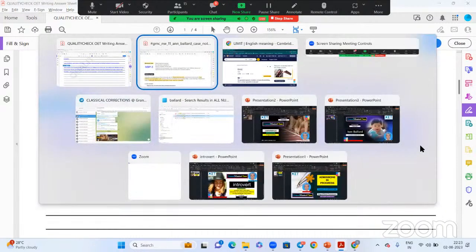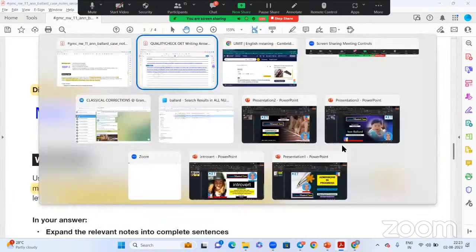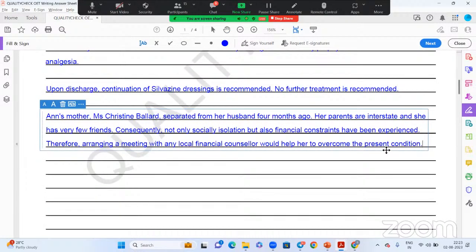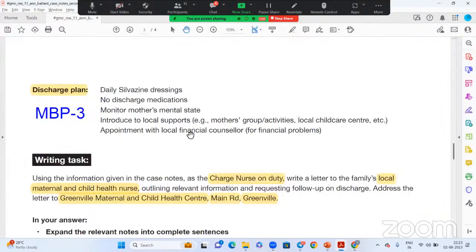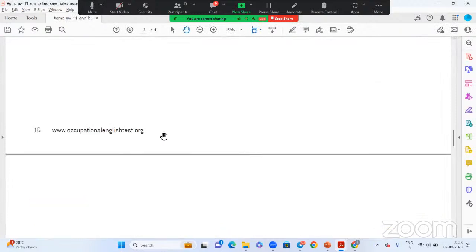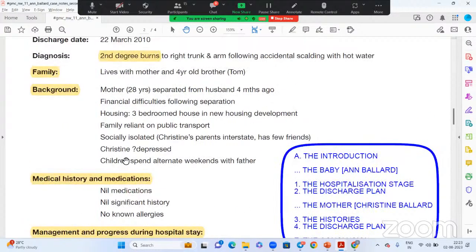The next one. Now go again here. Now let us see here. Christine is depressed. How do you know that Christine is depressed? Because you have noticed a possibility. There are chances that she is depressed.